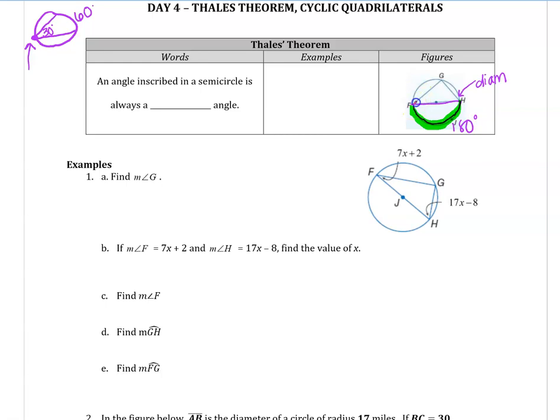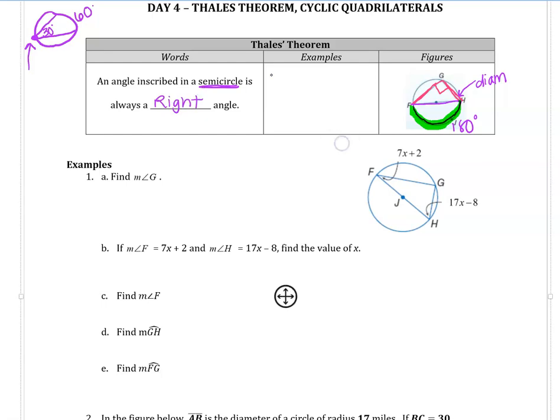So the inscribed angle FGH must be 90. Thales' theorem is really just a specific case of inscribed angles: an angle inscribed in a semicircle, half of the circle, is always going to be a right angle.